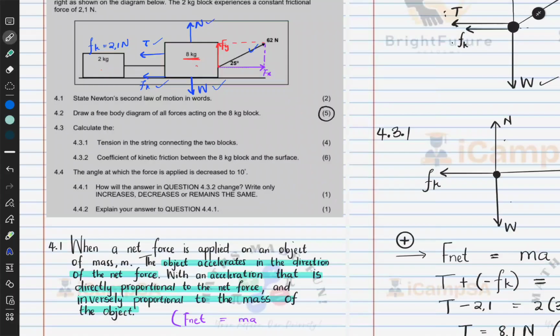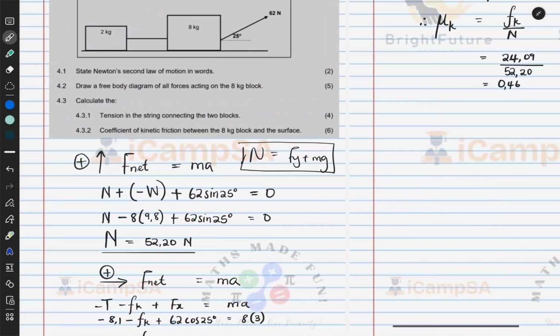How do you think about this? The way to think about it is, is it directly proportional or inversely proportional to the kinetic friction? Let's bring it here.